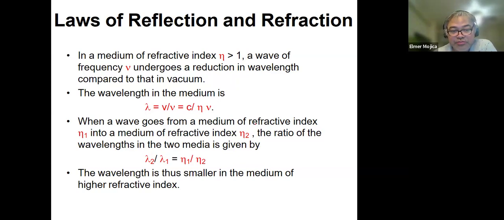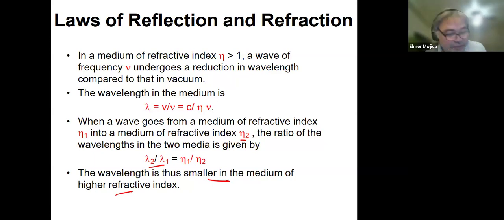When a wave goes from a medium of refractive index n1 into a medium of refractive index n2, the ratio of the wavelengths is wavelength 2 over wavelength 1 equals n1 over n2. The wavelength is smaller in the medium of higher refractive index.